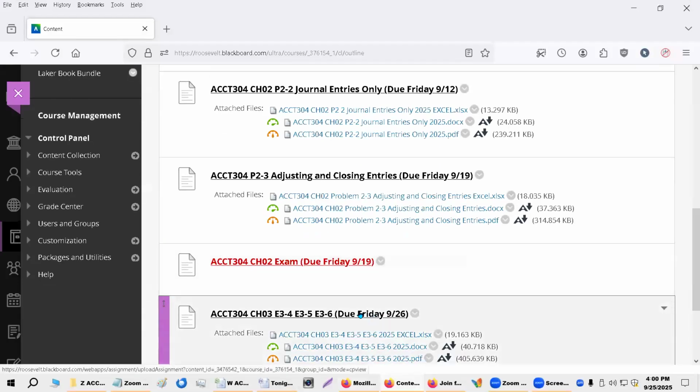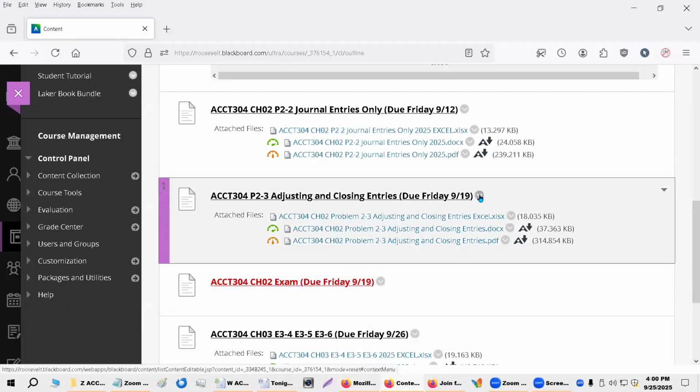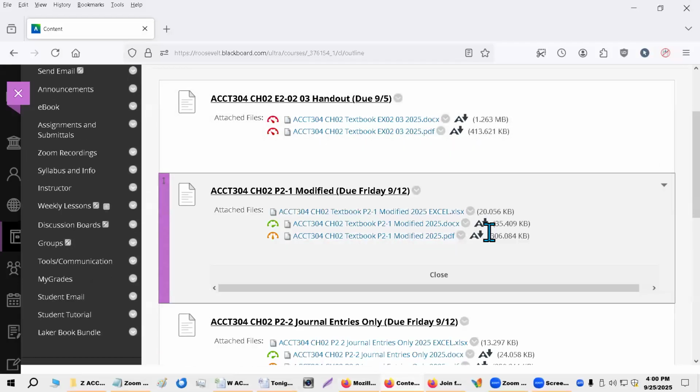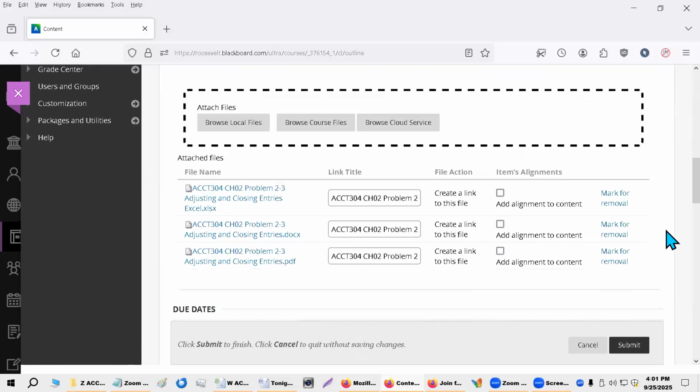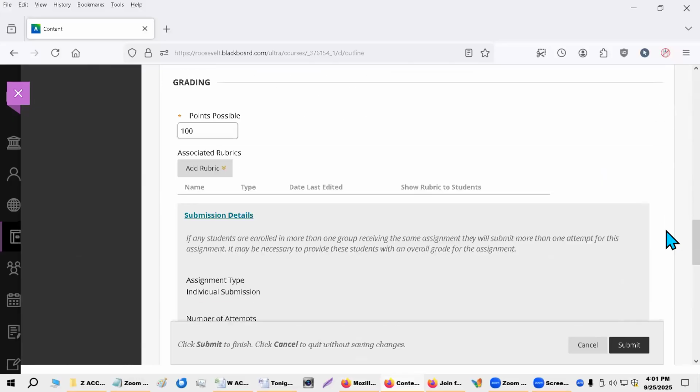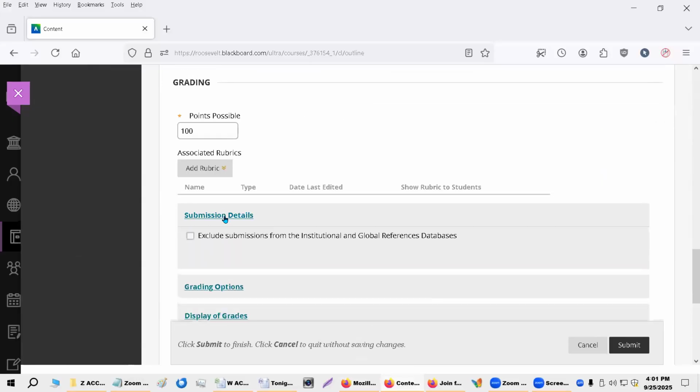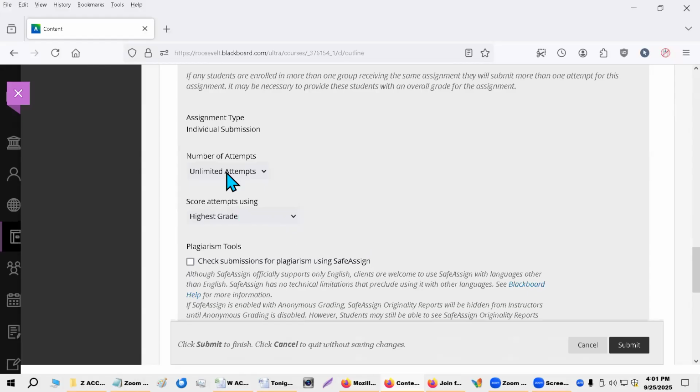On any of these, I'll pick one, you can submit 10 screenshots. You'll notice that these have unlimited attempts. You can put in 50 attempts if you want, and the highest grade is taken.